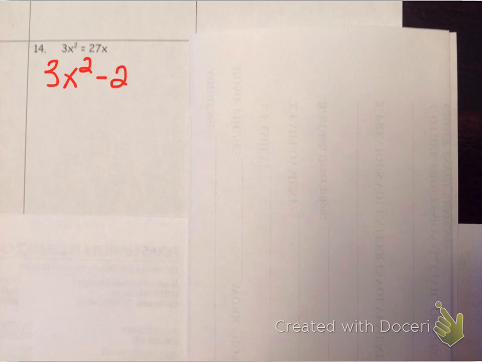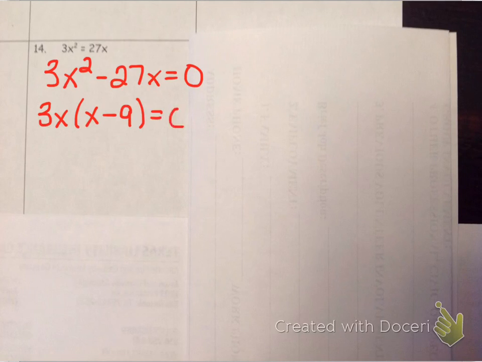So I'm going to subtract the 27x to move it to the left. And then I can factor it just by pulling out my greatest common factor, which in this case is a 3x. And when I pull out the 3x, I'm left with x minus 9. And it's equal to 0. And so here's my first factor, and here's my second factor.